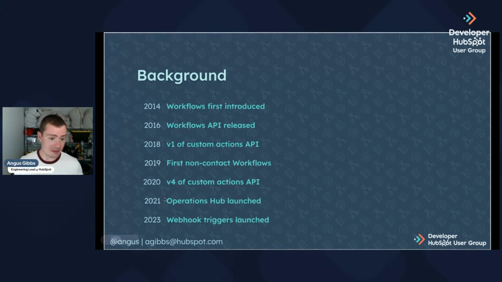In 2020, we relaunched the Custom Actions API, and then 2021 was a big year where we launched Operations Hub at the HubSpot level that had some new features in automation, and that was a shift for us to start to look at some of these operations focused uses, not be so marketing heavy as a tool. And one of the results of that was what Chris just showed off, Webhook triggers, which got launched last year.